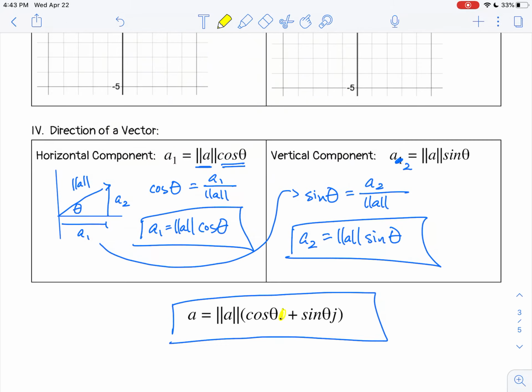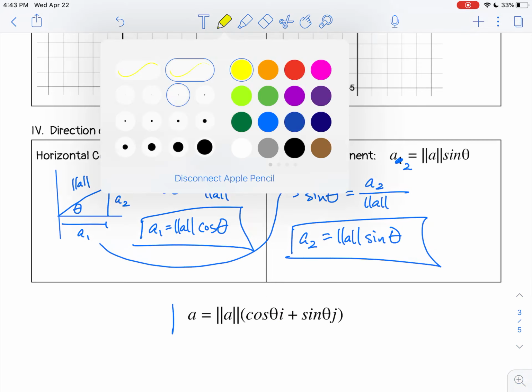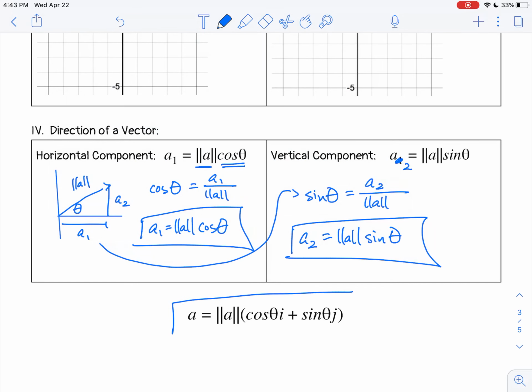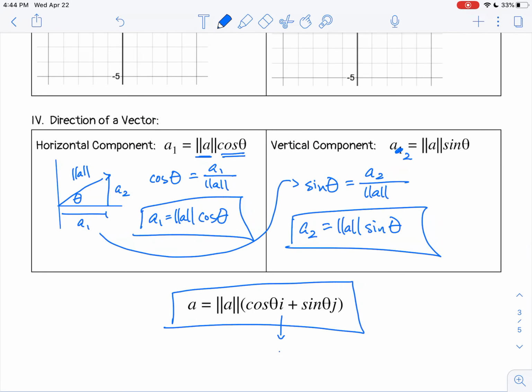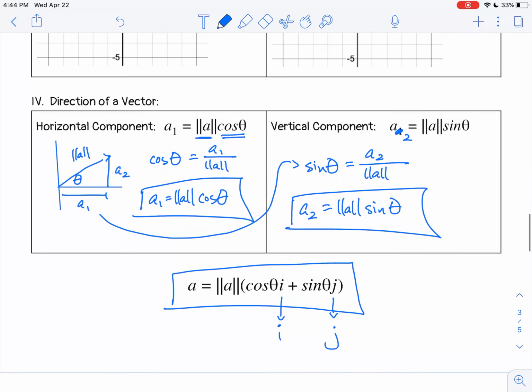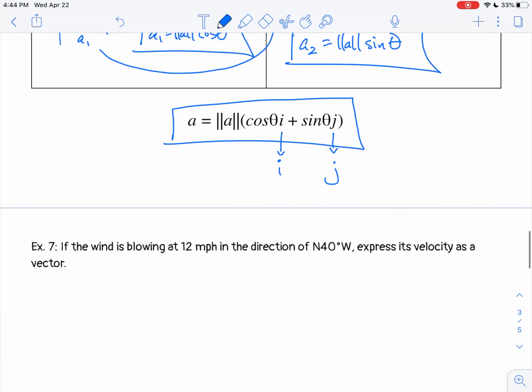But the I is not the same as the imaginary I. So this I typically write like that without a tail, and then this J is a J. It's not really meant to be a script J. But let's take a look at where that comes from.